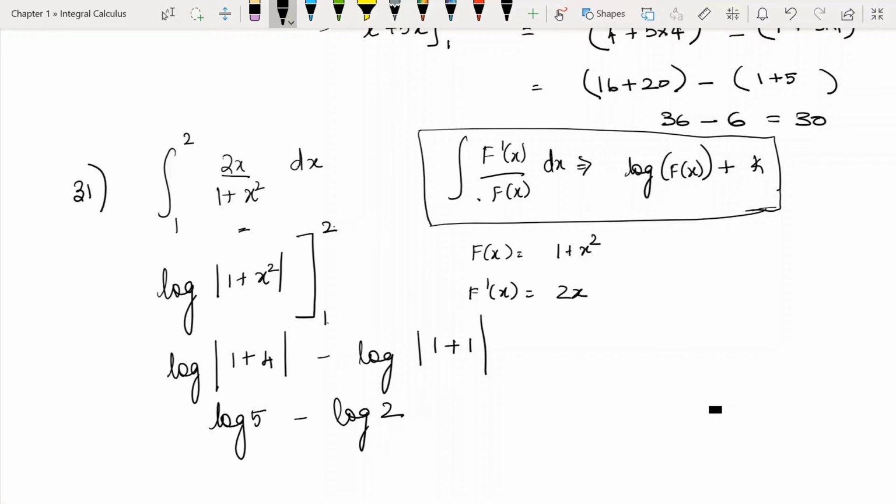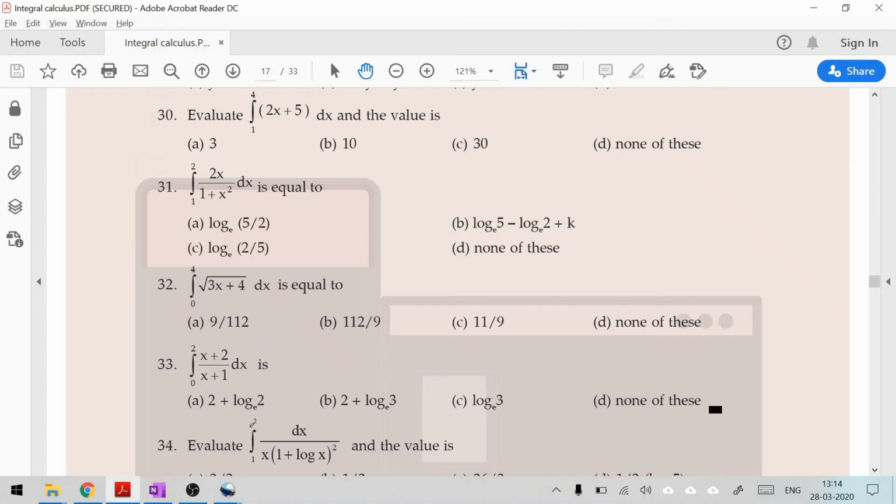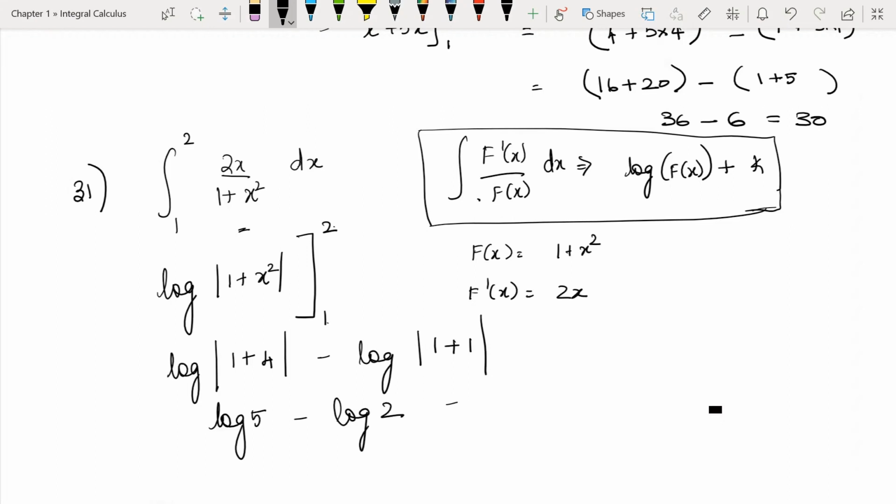Now you can stop at this stage or look at the options and see how they are. Look at option B. It is log 5 to the base e minus log 2 to the base e but with a plus k. Whereas option A is log 5 by 2 to the base e. I've told you in definite integrals we should never add plus k.